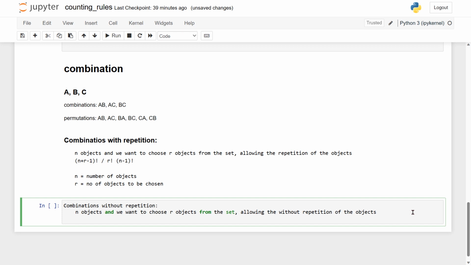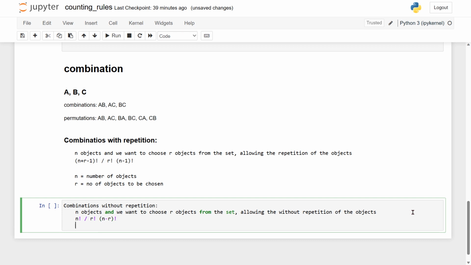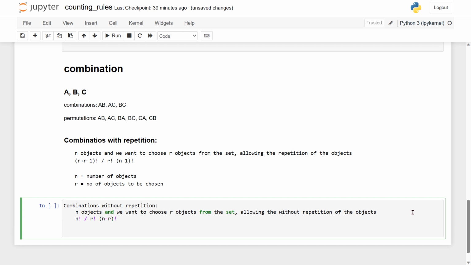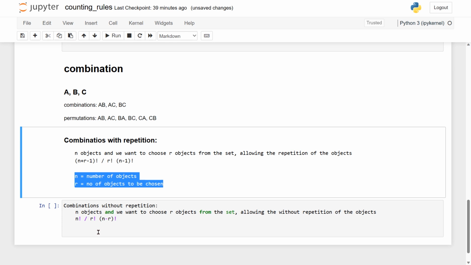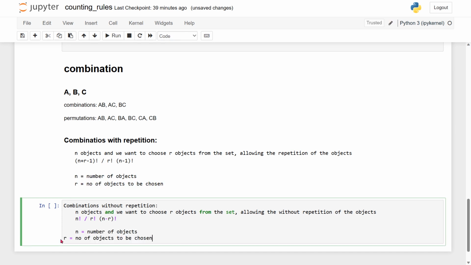The formula to calculate the number of combinations without repetition is n factorial divided by r factorial multiplied by (n minus r) factorial. Again, n is the number of objects and r is the number of objects to be chosen.